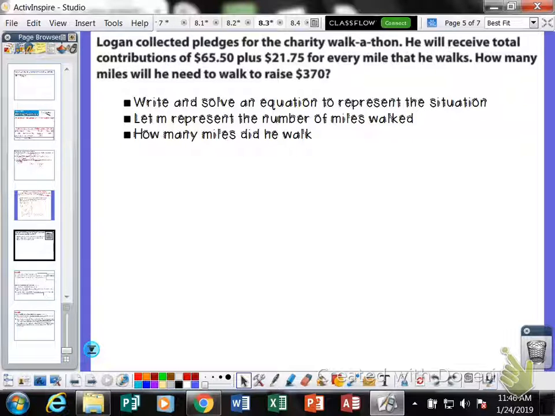He received a total of $65.50 plus $21.75 for every mile that he walks.